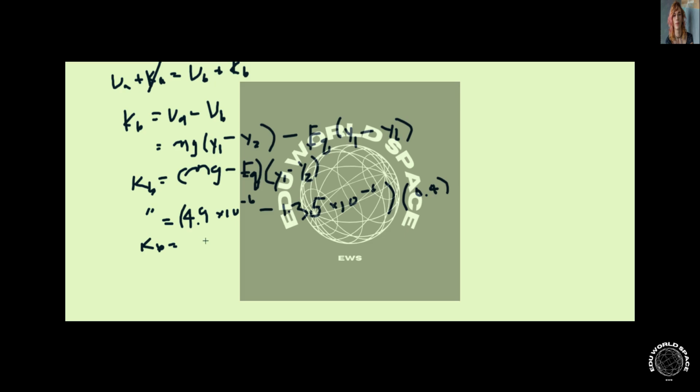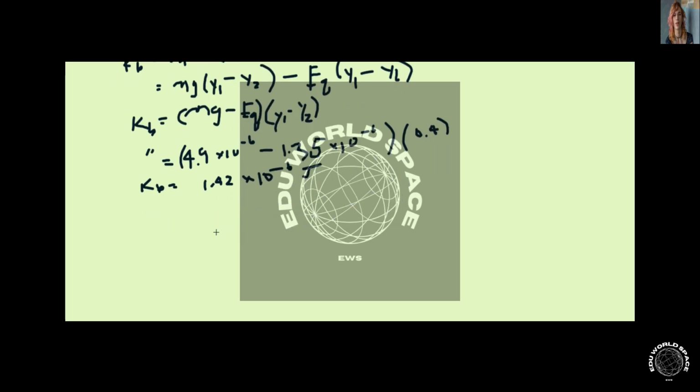If you do that, we're going to get that the kinetic energy at point B is equal to 1.42 times 10 to the negative 6. And you guessed it, it's of type unit joules.